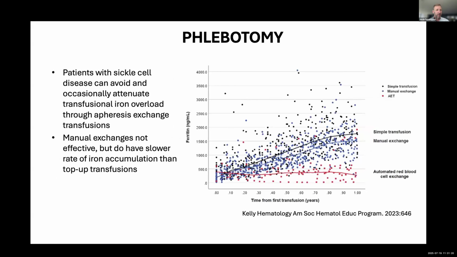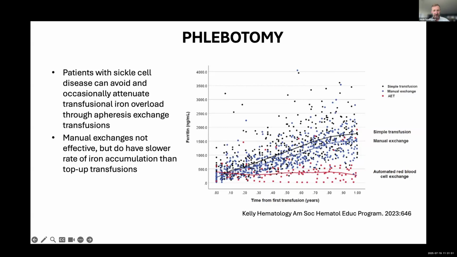This is something we can make advantage of with exchange transfusions. What we have found, however, is that with sickle cell disease, where we do those exchange transfusions, manual exchange transfusions don't really look like they're an effective way of getting iron out of the body. We're removing less through the phlebotomy than we're putting in through the transfusion that we give afterwards. So you will load iron less quickly than you will with top-up transfusions, but you'll still load iron.